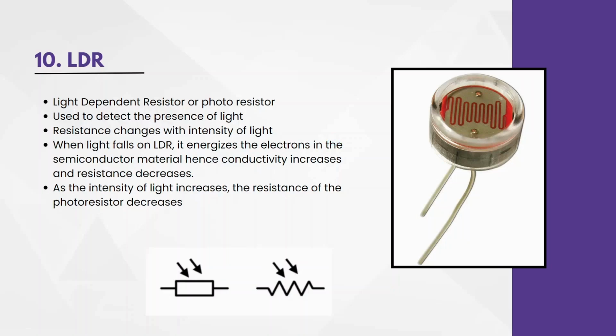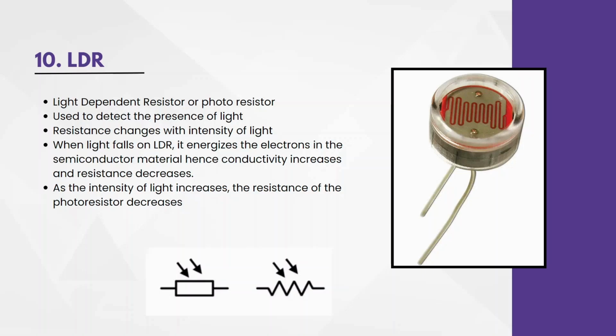The concept is similar. When light falls on the semiconductor material of this LDR, the electrons present in it get energized. Once energized, there is movement of electrons, which increases the conductivity.